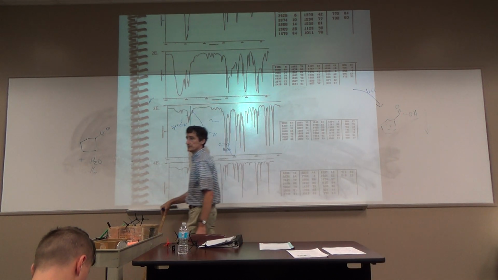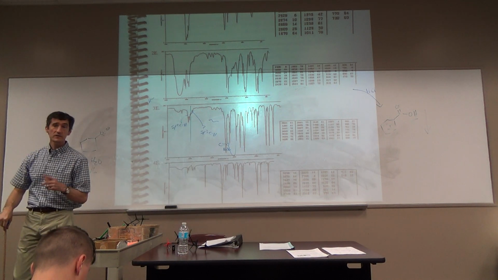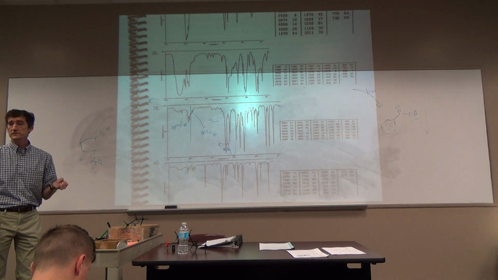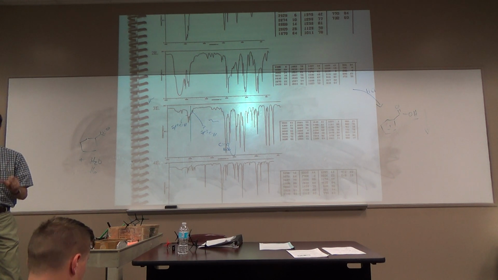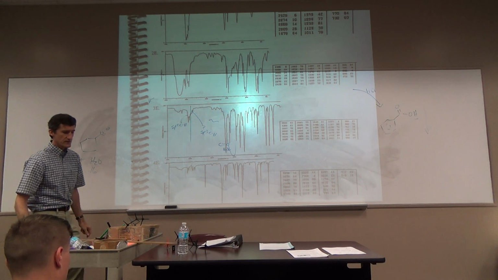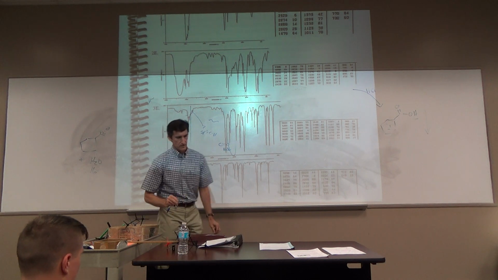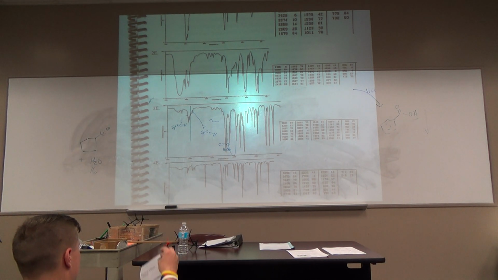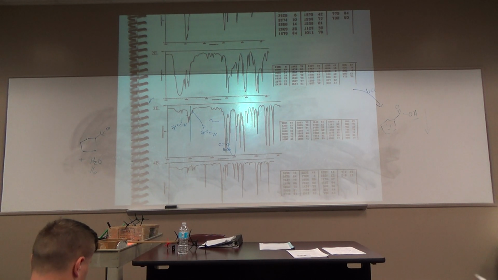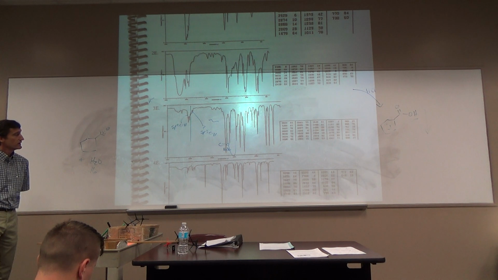Amide carbonyls typically, I want you to look in your table. Where does it say for amide? Can you get a difference in carbonyl position? Can that help you? Table in the handout. Yeah. 1680 to 1630. Okay.